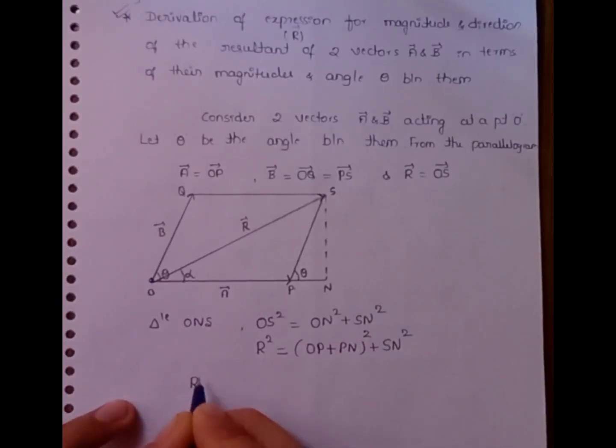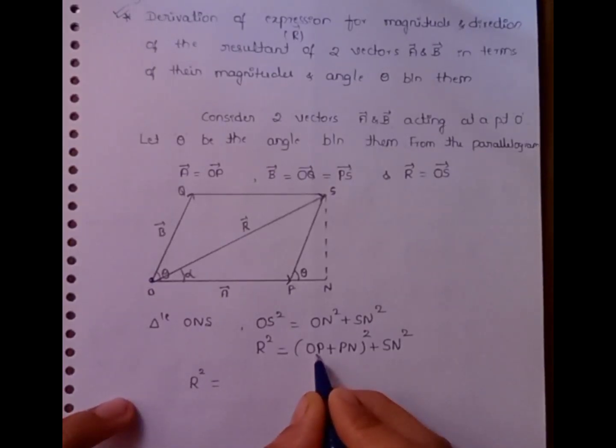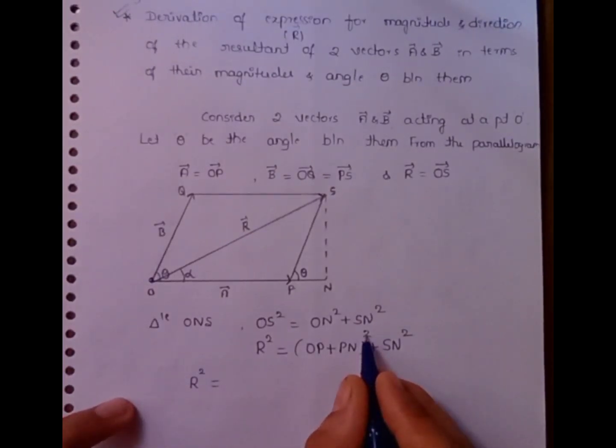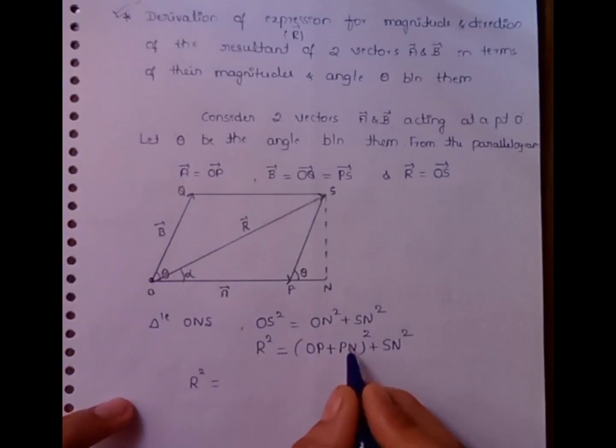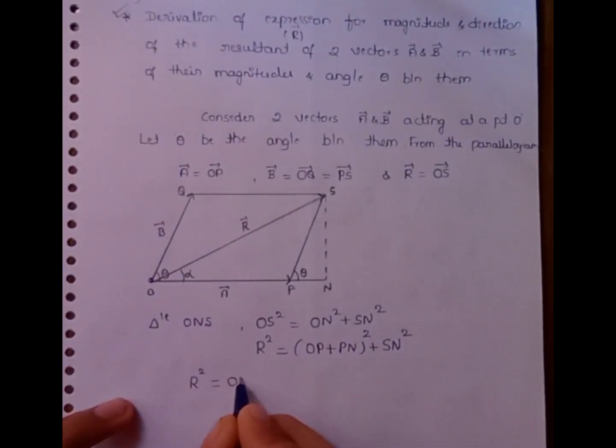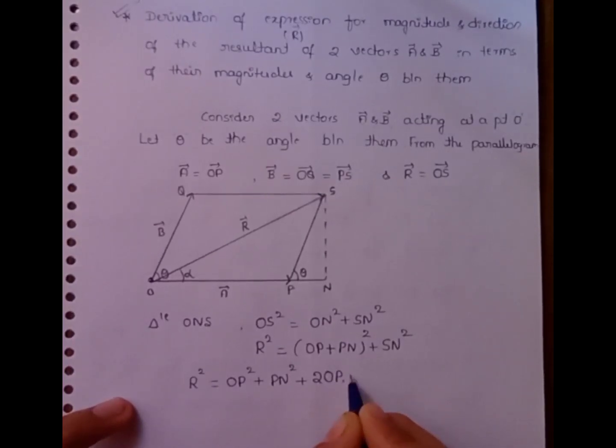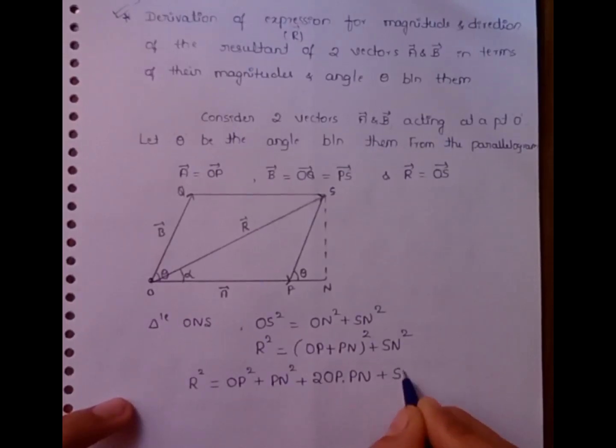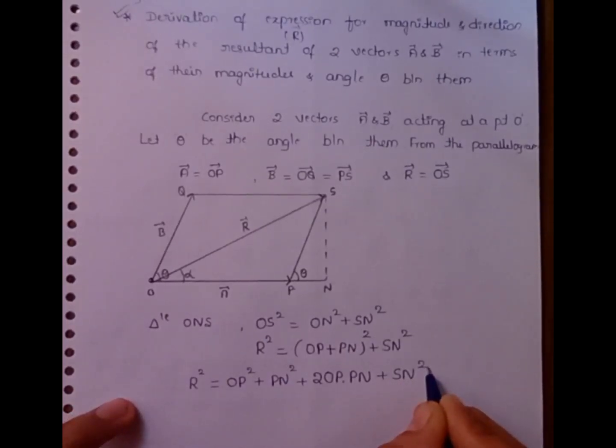We know the formula: A plus B whole square is equal to A square plus B square plus 2AB. Means how do we write this? R square is equal to OP square plus PN square plus 2 into OP into PN plus SN square.